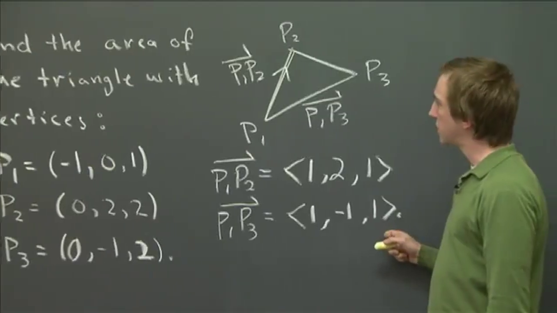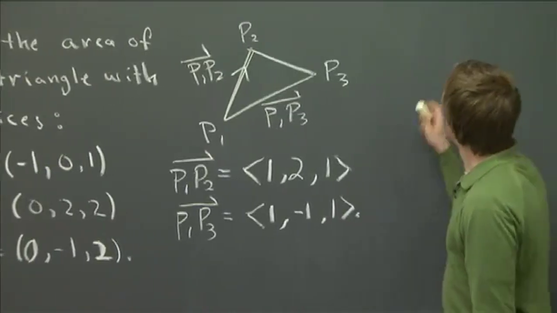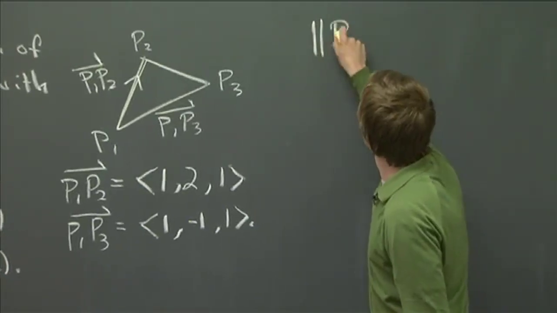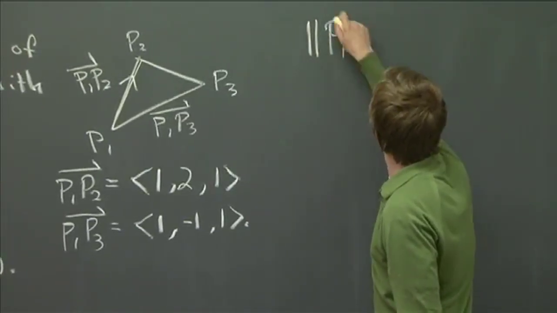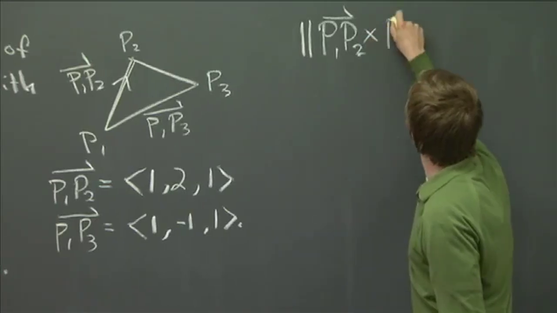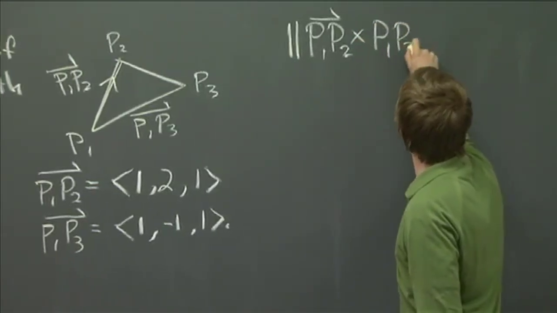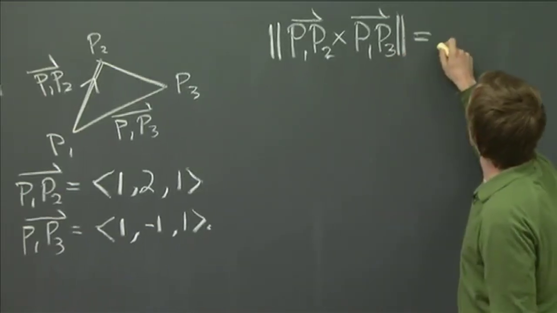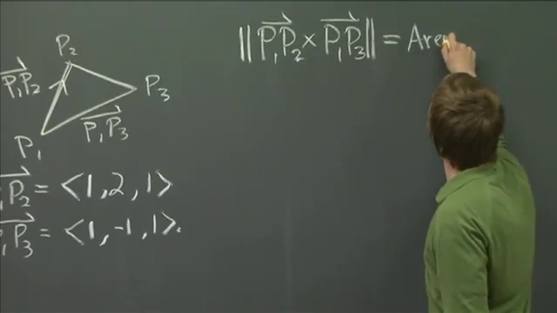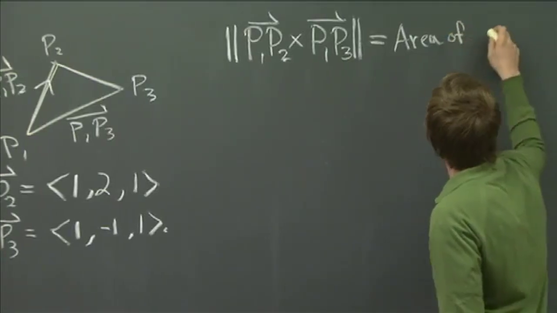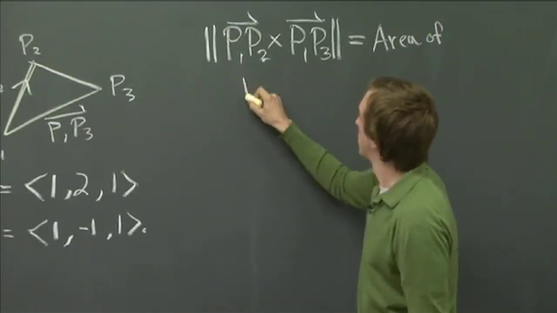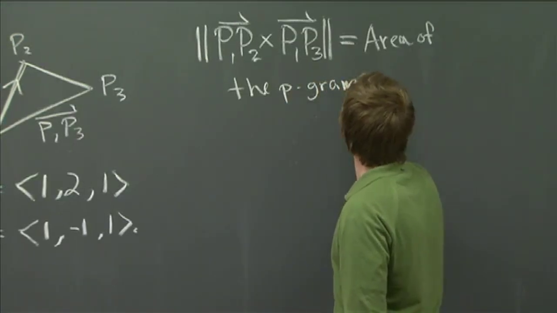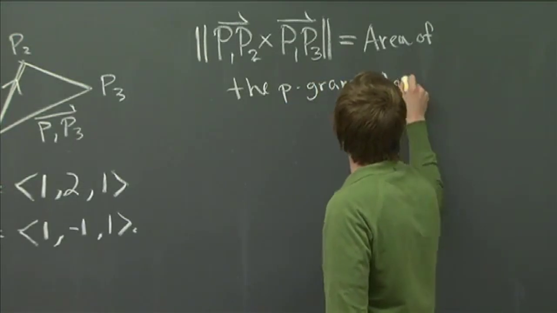OK, so now that we have these vectors, we need to remember that the absolute value of the cross product of P1P2 with P1P3 will be equal to the area of the parallelogram they enclose.